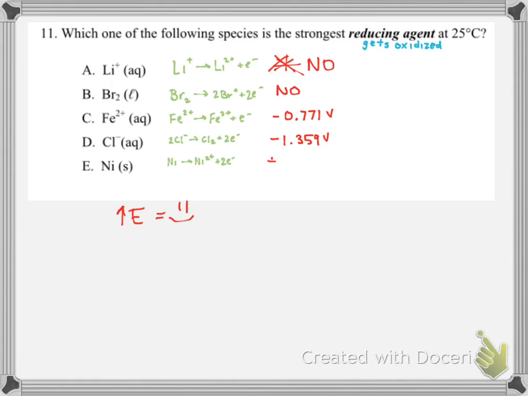And for nickel, positive 0.28 volts. Okay, so the nickel value here for the oxidation is most positive, which kind of makes sense too. Metals like having positive charges. So then the answer here is E. So make sure you can use that table to figure out the oxidation potentials.